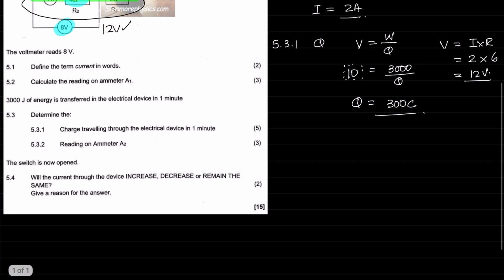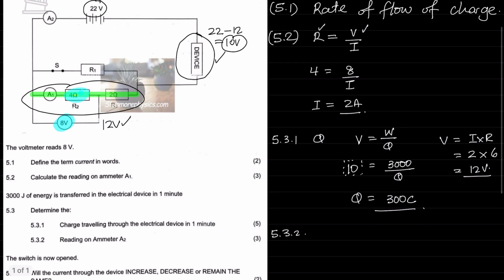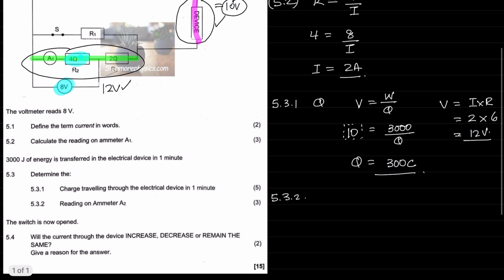Next question, 5.3.2, calculate the reading on ammeter A2. Now, what is A2 reading? Ammeter A2 is reading the total current of the circuit. Now, what information do we know? If we focus on the device, we know the charge going through that device is 300.